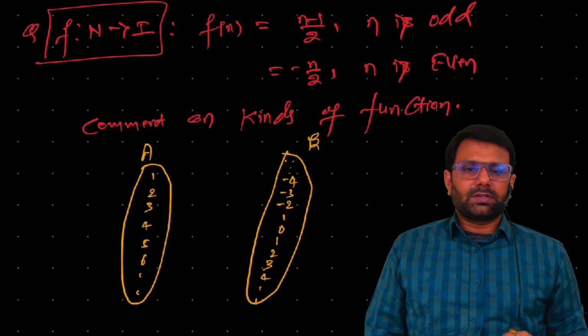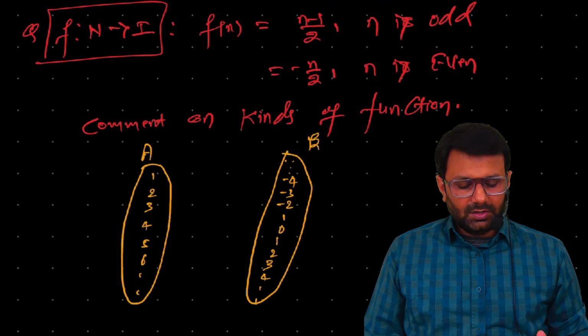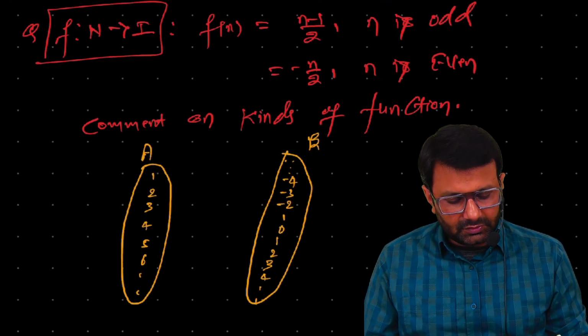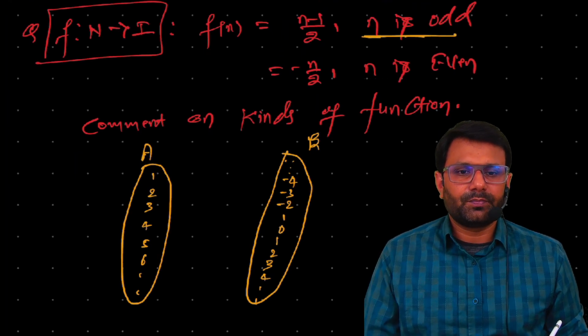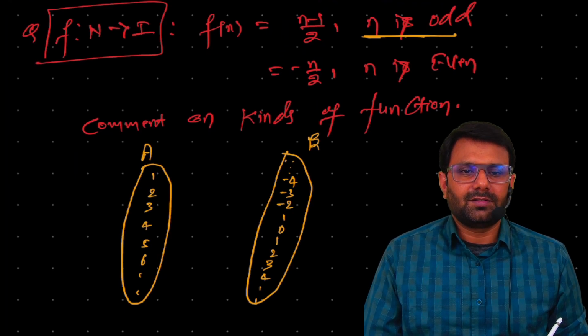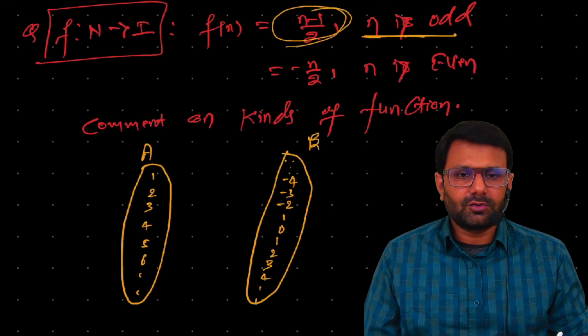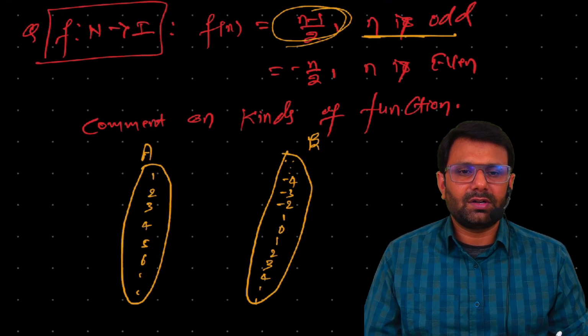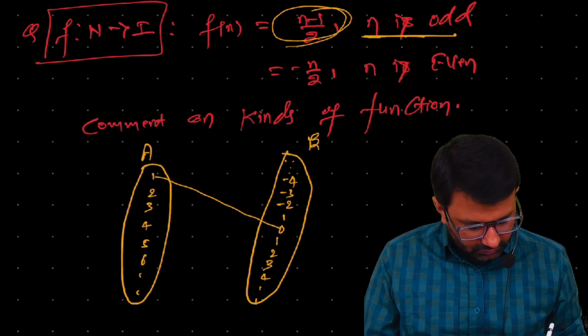How is this function defined from set A to set B? f(n) is equal to (n minus 1) by 2 when the number is odd. I'm taking 1. Is 1 odd or even? 1 is odd, so I use this formula: 1 minus 1 divided by 2 is 0.